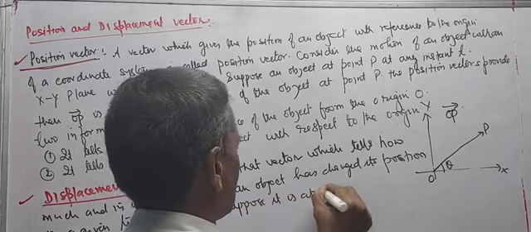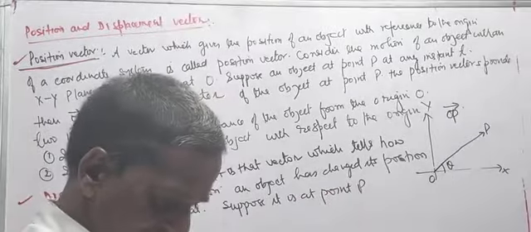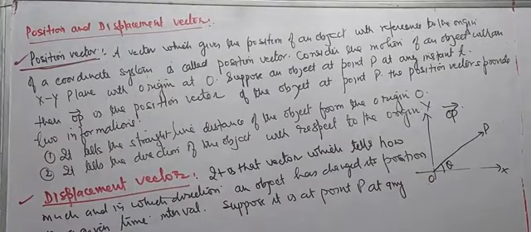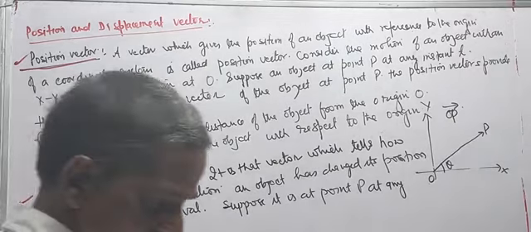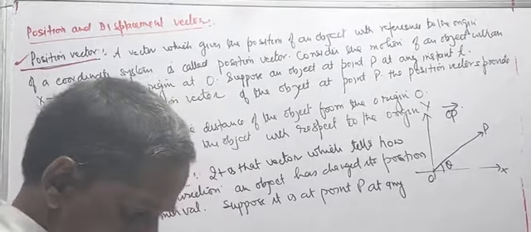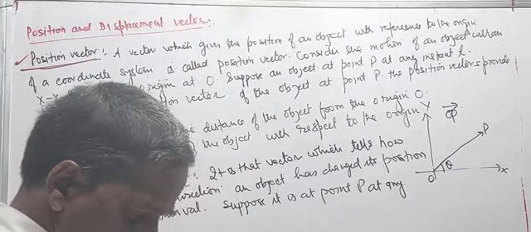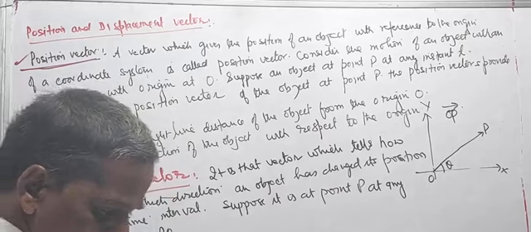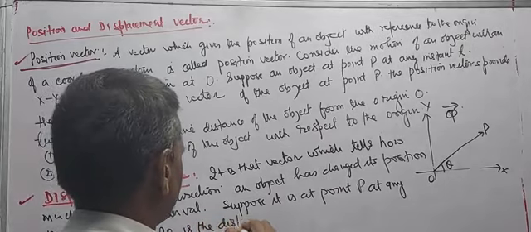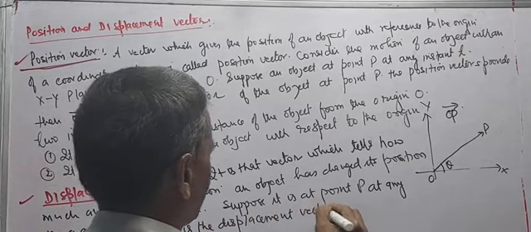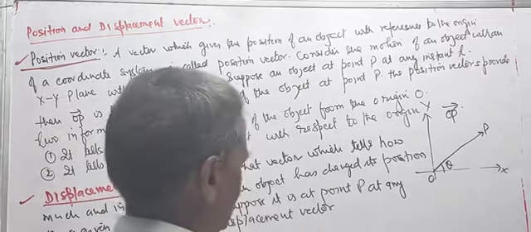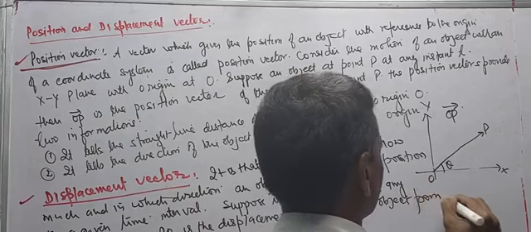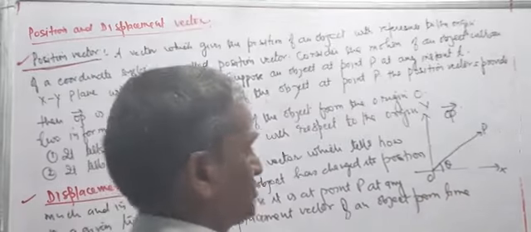Suppose it is at point P at an instant t, then PQ is the displacement vector of an object from time t to t dash.